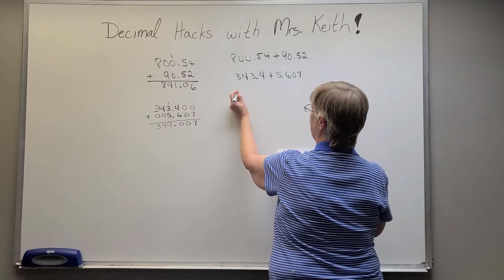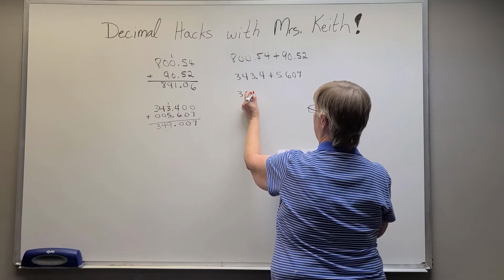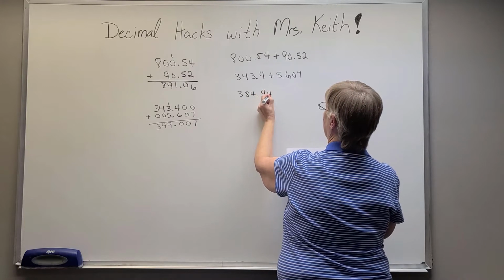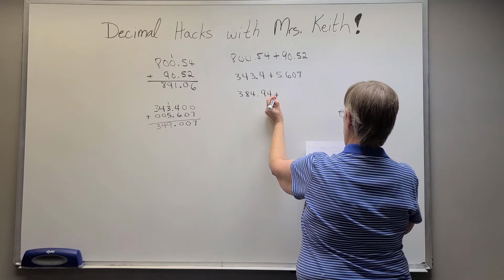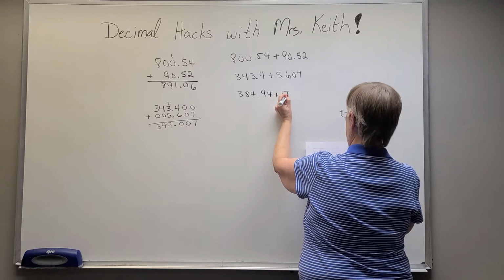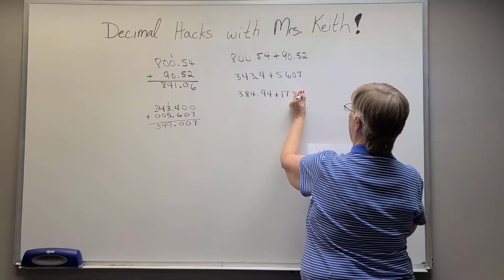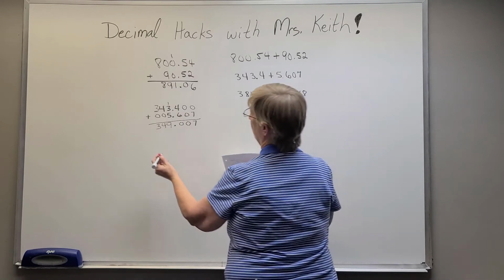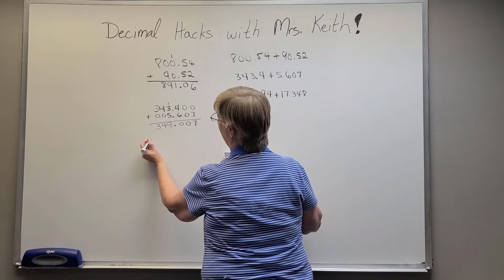This one is 384.94 plus 17.348. So remember, we put the first one on the top.